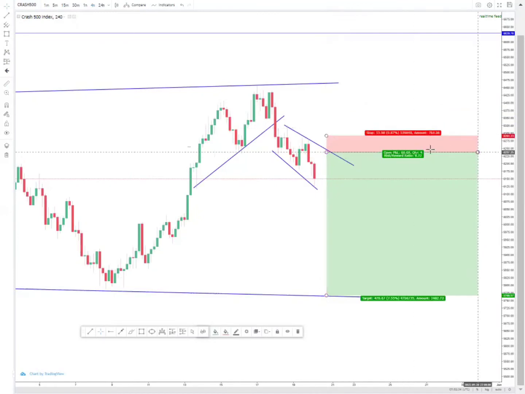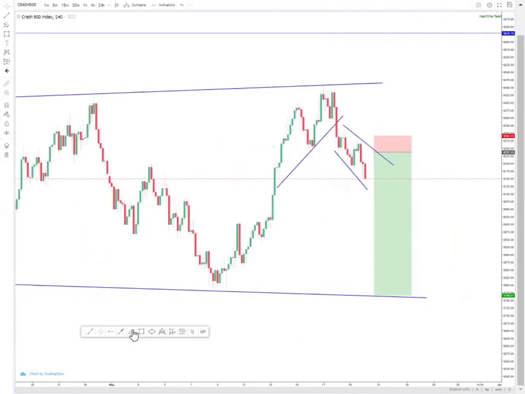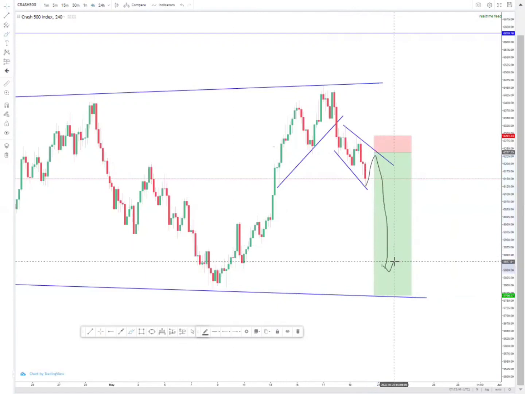This thing is simple, simple, simple. You just have to be consistent with it. You can see that I'm going to the downside.